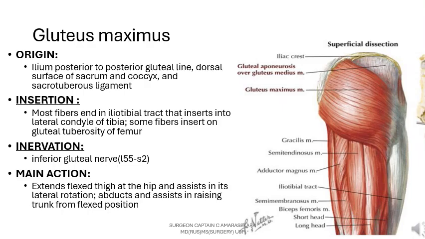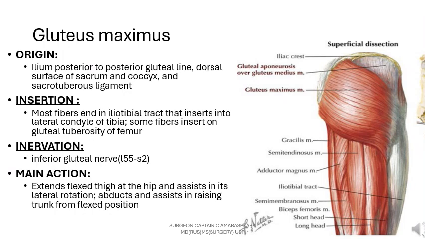The gluteus maximus is innervated by the inferior gluteal nerve arising from the spinal roots L5 to S2. This nerve exits below the piriformis and is vulnerable during deep gluteal injections or posterior surgical approaches.